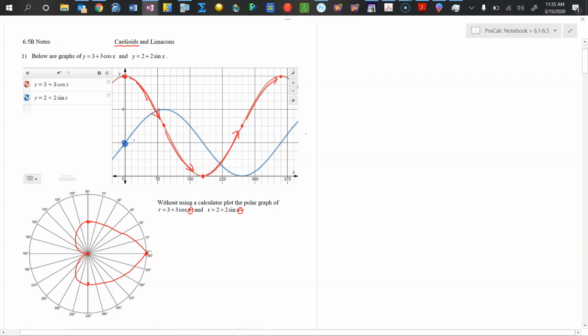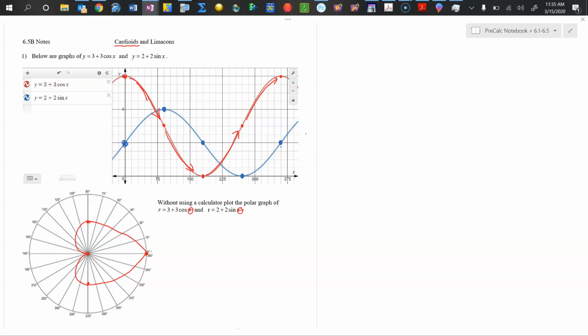At 90 degrees, the sine is equal to 1, so we'd be at our maximum value of 4. At 180 degrees, we would be back at 2. At 270 degrees, we'd be at our minimum of 0, and at 360 degrees, we would be back at our value of 2. So we're going to plot those critical points and then see what happens in between those.